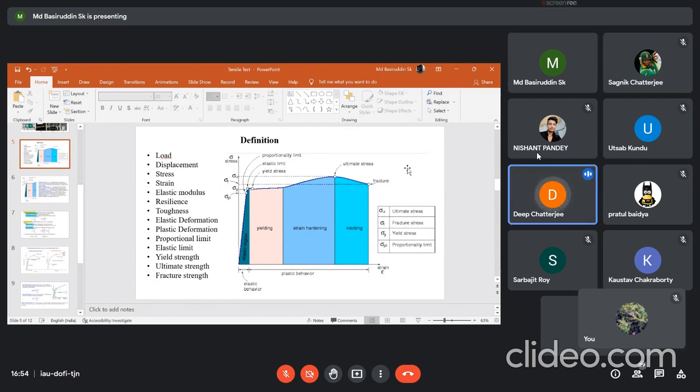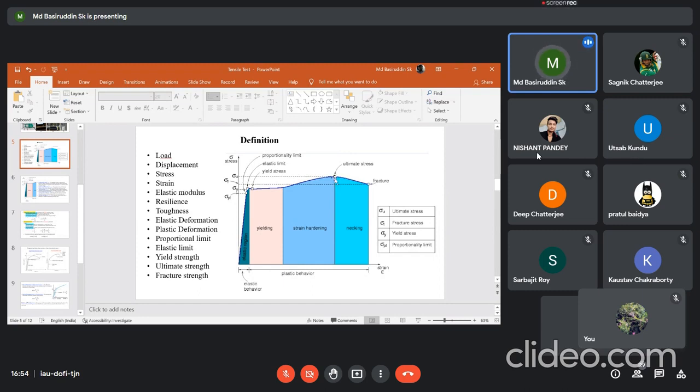By measuring the gauge length at fracture and at the UTS position, if we know the length of the sample at fracture and at the UTS position, then ln of final by initial length, the natural logarithm. My question is clear to you? Whatever I have asked, that is the strain between UTS to fracture.